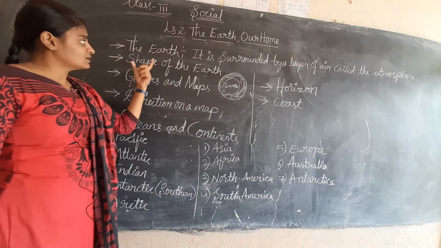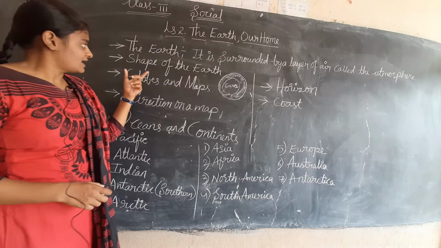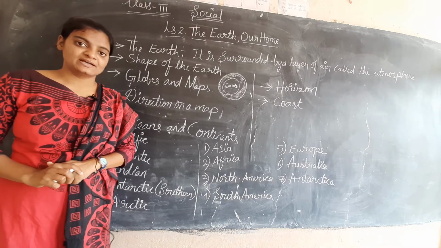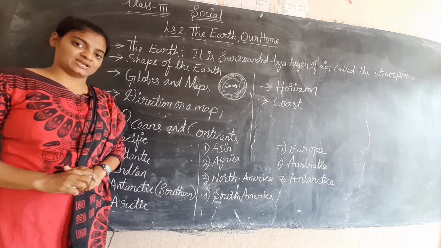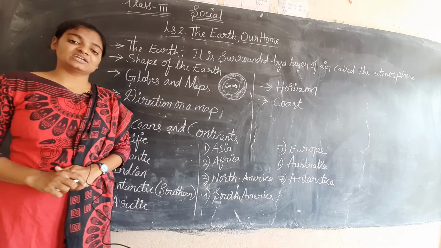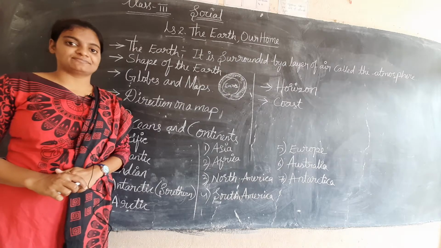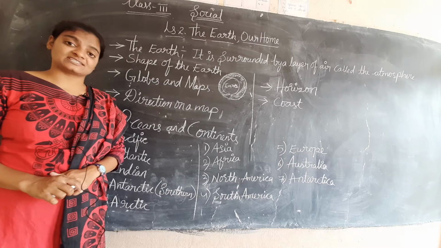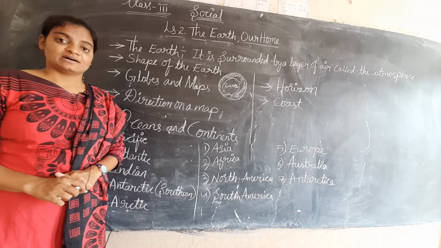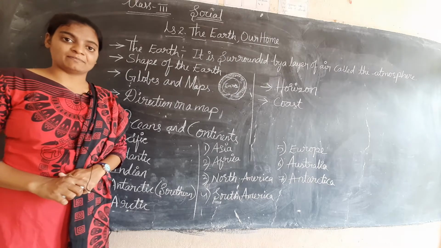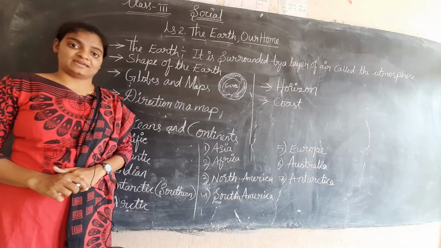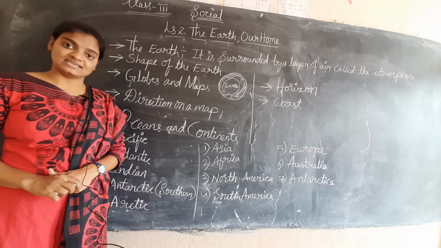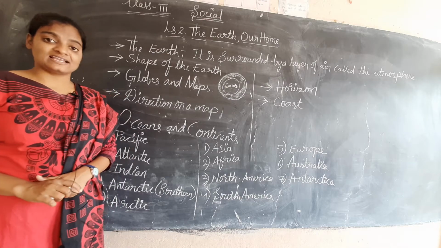Next point is the shape of the earth. What is the shape of the earth, children? Earth is spherical in shape. In ancient times people believed that earth is flat, but a famous Portuguese explorer, Ferdinand Magellan, started from Spain in the sea, sailing the boat.